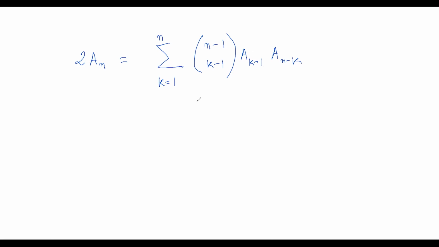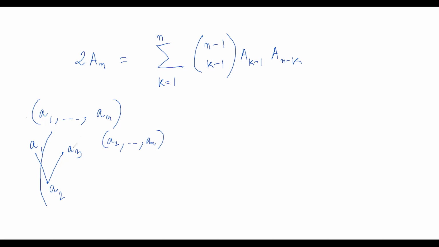And now you would like to know that when k is 1, then we have here a0. Now if you look at the sequence a1, a2 dot dot dot an, when k is equal to 1, that means a1 is n. So a1 will be above, and then it will come down to a2 and so on. And so from a2 it will go up. And if we look at the sequence from a2 to an, then it's an up down sequence, because starting from a2 it's going up, and then it will go down, and so on.